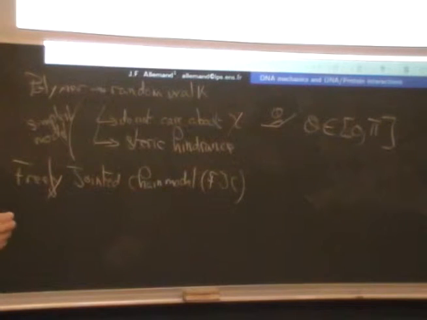So I just want to make a recall about what's happening in one dimension. It's a random walk with a step size a that we take fixed here because it's linked to the chemistry. We have a polymer that has a number N of monomers. So we have a random walk with N+ steps going in the positive direction and N- going in the negative direction.